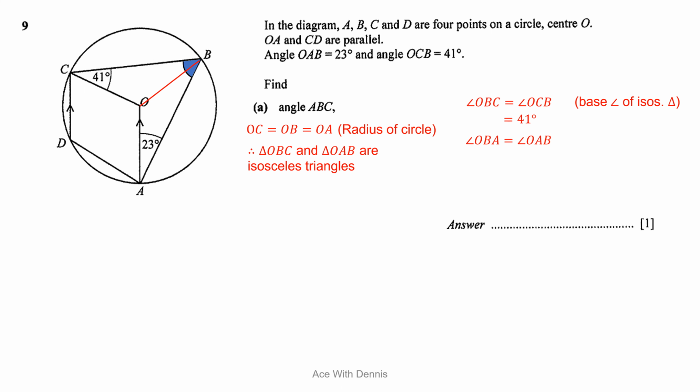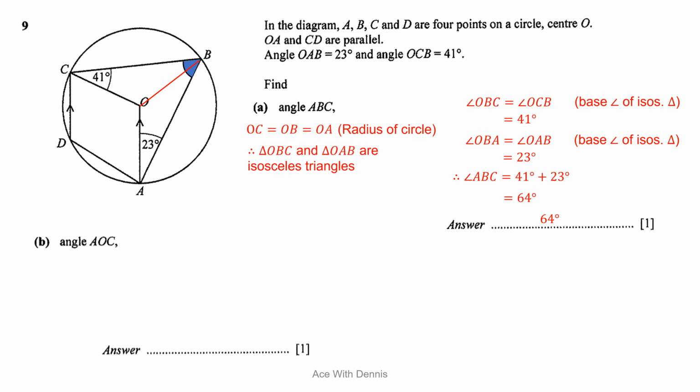Similarly, angle OBA equals angle OAB, again because they are base angles of isosceles triangle, and the value is 23 degrees. Hence, to find the angle ABC, it is 41 degrees plus 23 degrees, and the answer is 64 degrees.